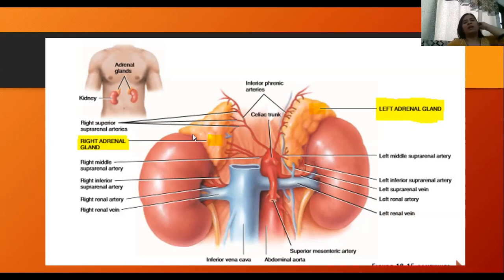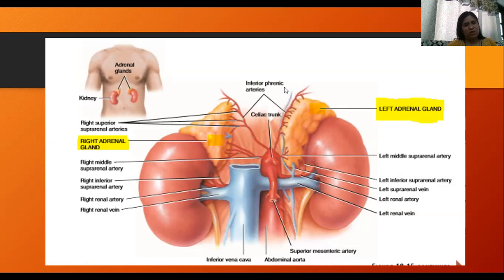And these are your adrenal glands, the flattened pyramidal shaped structures present on the superior aspect of both the kidneys, and they have 3 to 5 centimeters of height, approximately 2 to 3 centimeters of width, and 1 centimeter of thickness. And they are a highly vascularized structure.